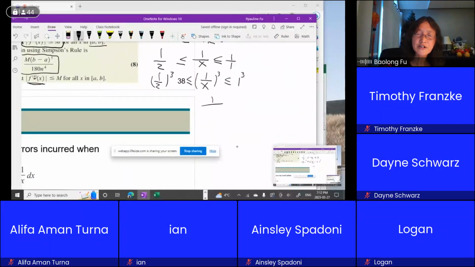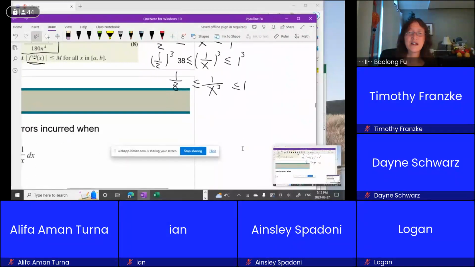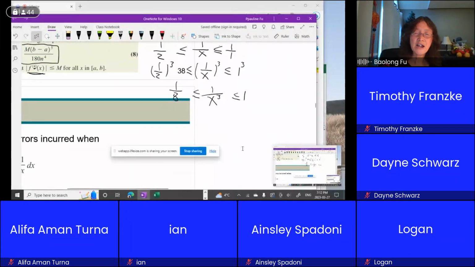Then I move this cube to the bottom, and after that I multiply by 2. It still holds true.